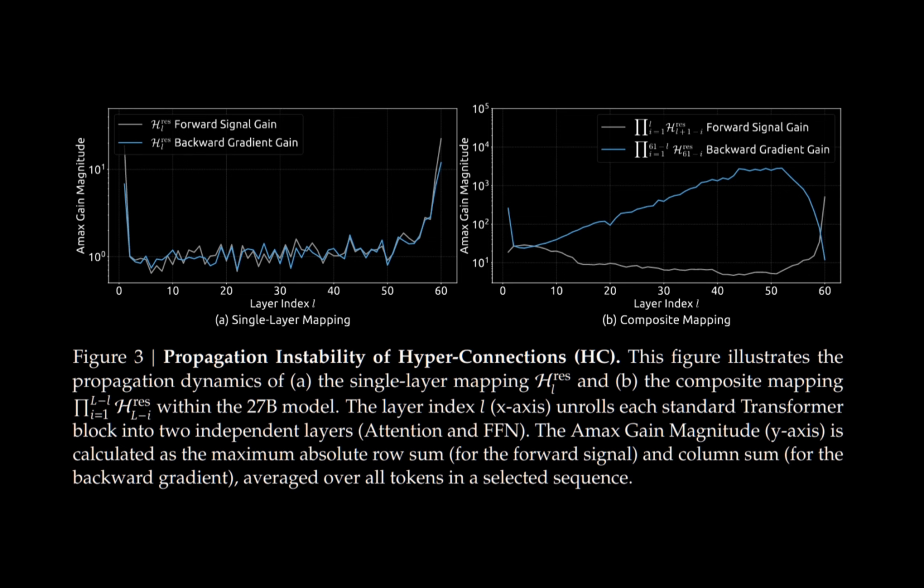In the forward process, it's the maximum of the sum of the rows of our matrices, and in the backward process, it's the maximizing of the column, which basically, when it goes higher, shows higher instability.